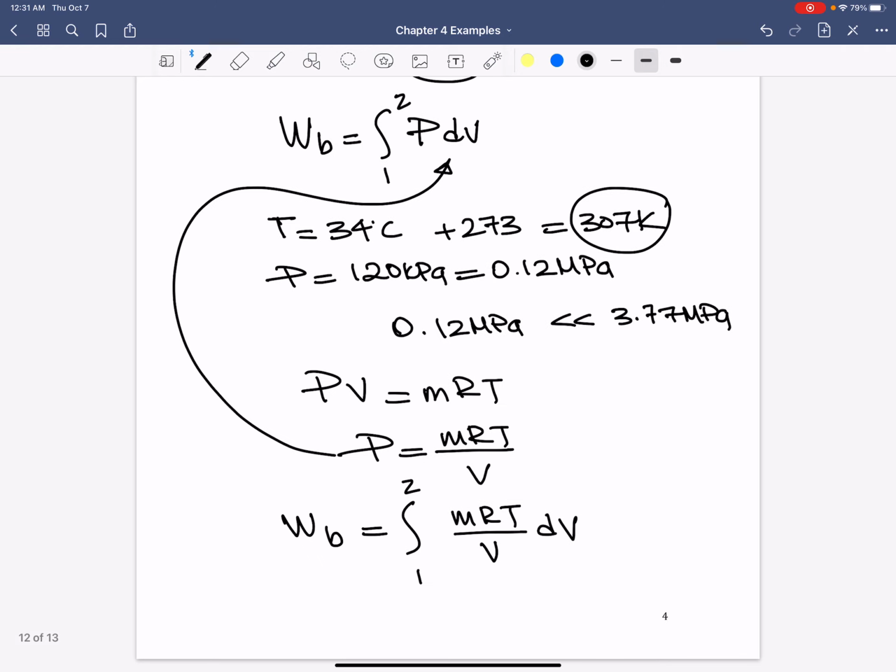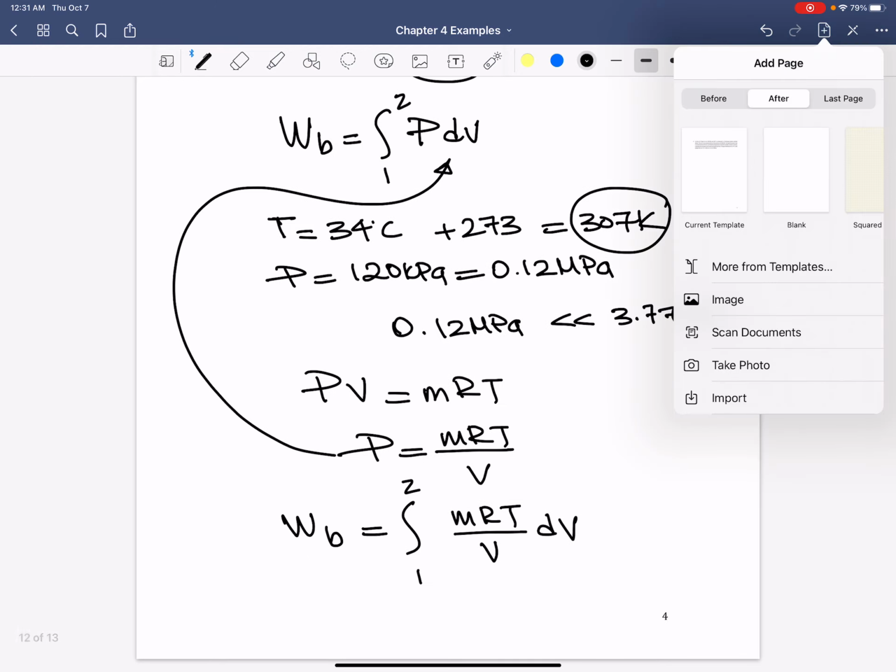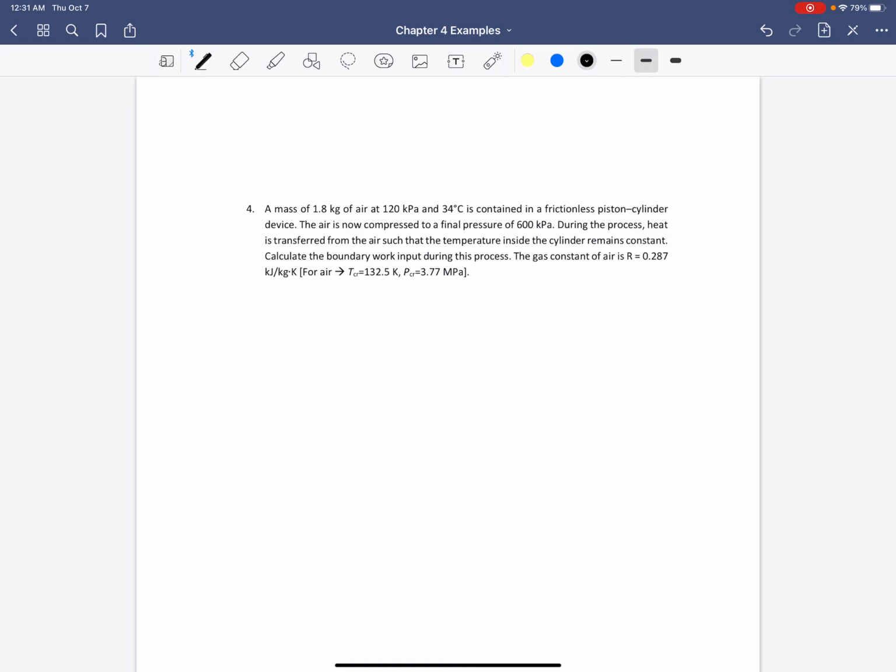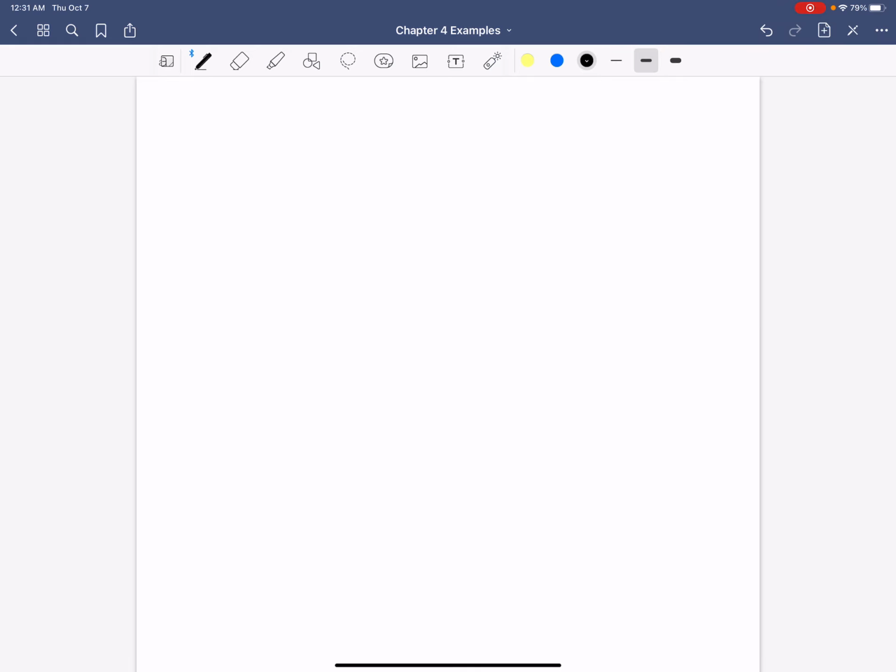And now if we take the integral, since mass is a constant because it's a closed system, and R is also a constant, the MR term is going to come out because they're constants.